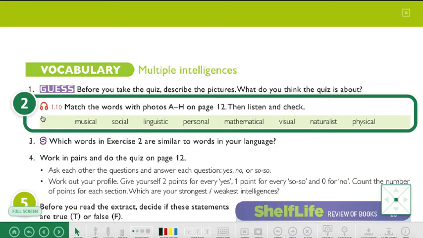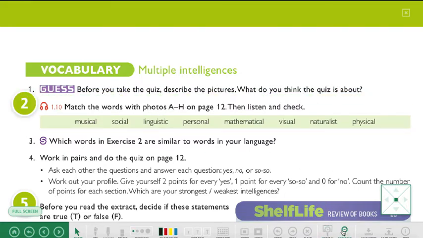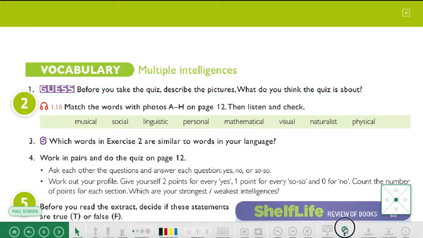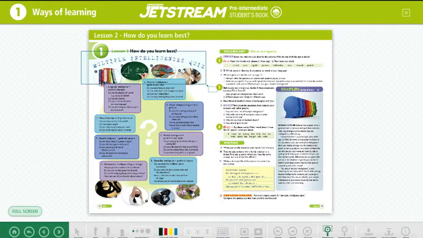This is the first one in this lesson, okay? The number 2, match the words. So you remember match? This is relacionar. So match the words with the phrases from A to H on page number 12 with these words. Here we have the names of the intelligences, for example, musical, social, linguistic, etc. Here we have the phrases.